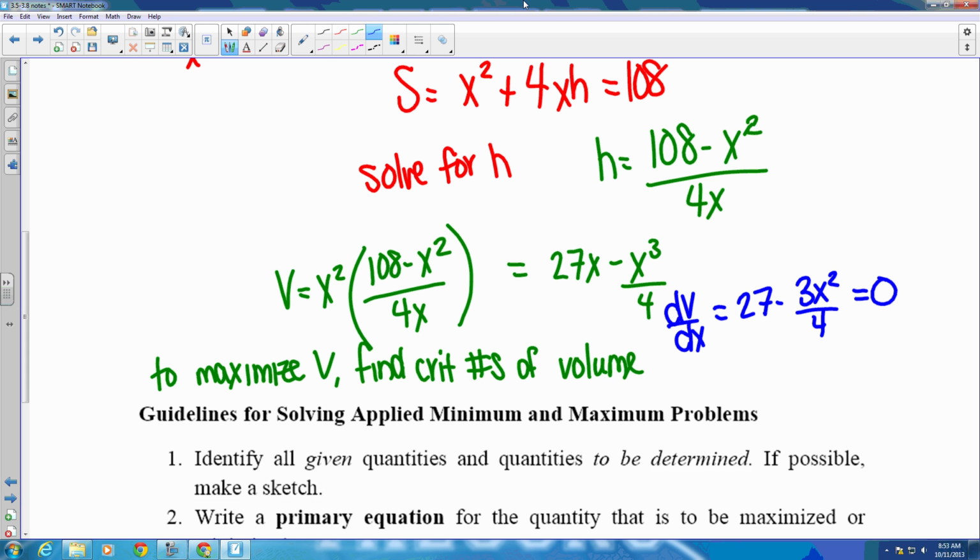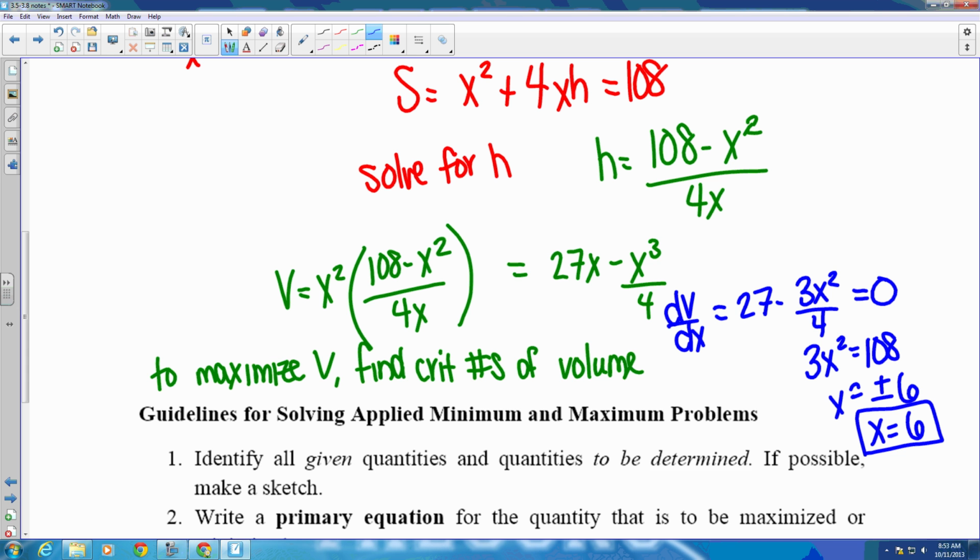I'm going to eliminate some of the math on this so we can get straight to the calculus. You get 3x squared equals 108. x equals plus or minus 6. But x is the side of the base, so does it make sense to have a negative 6 for a base? It does not. So 6 is our x. Now our entire question is asking us what the dimensions of the box are going to be.